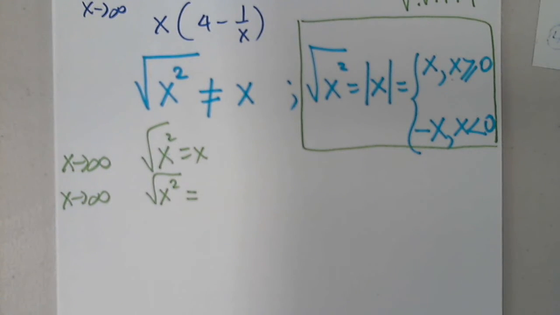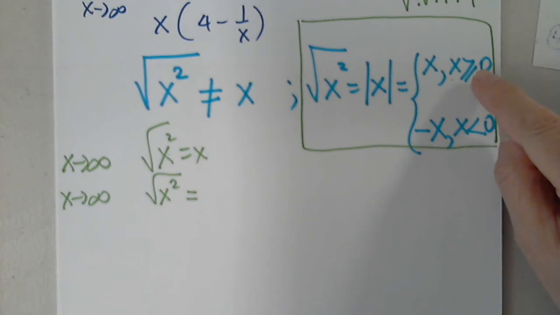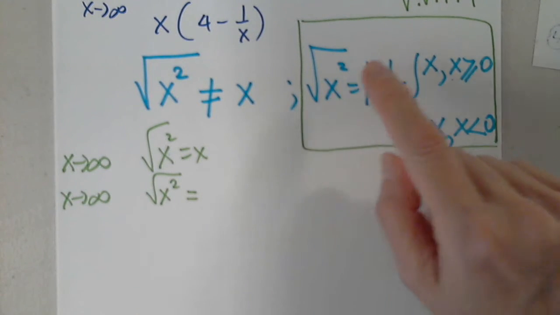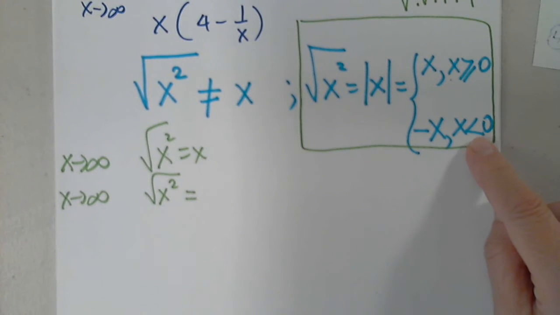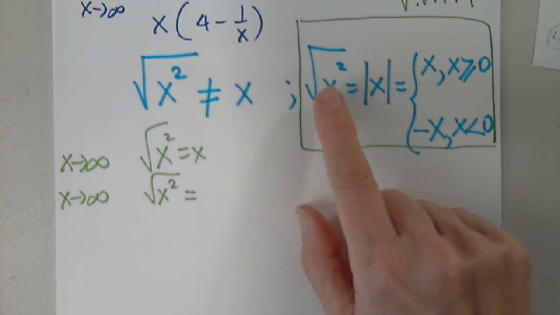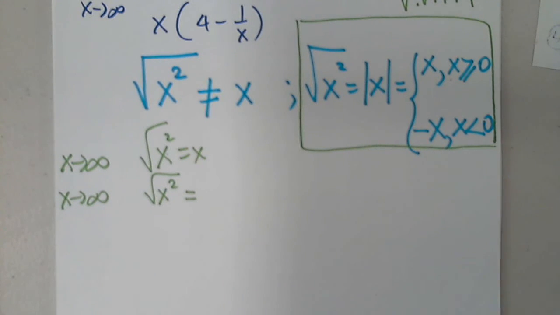That's true, but finally what? Careful. If x is greater than or equal to 0, I replace the square root of x squared by x. If x is less than 0, I have to replace the square root of x squared by negative x. That's it.